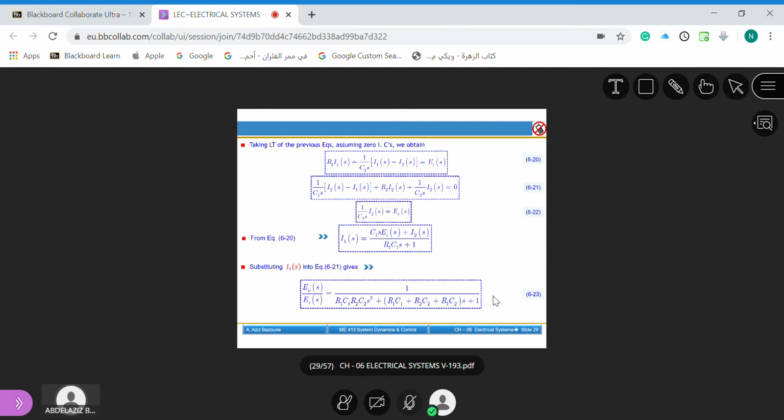So the transfer function will be a function of these parameters R1, R2, and C1, C2, combined as R1C1 plus R2C2 plus R1C2 S plus R1C1R2C2. This is the transfer function of the output over the input.